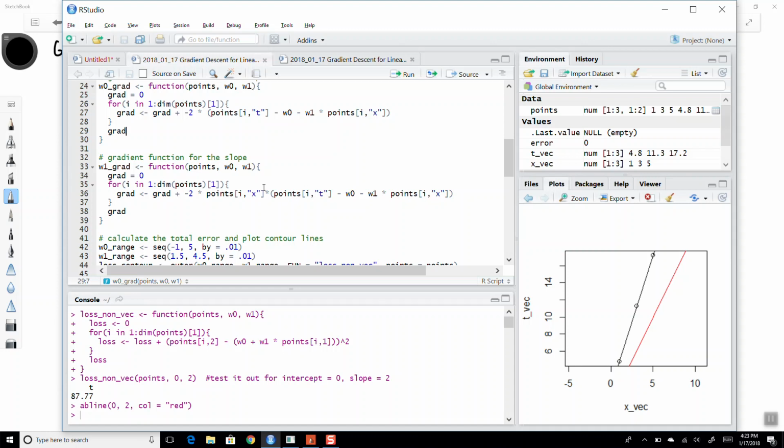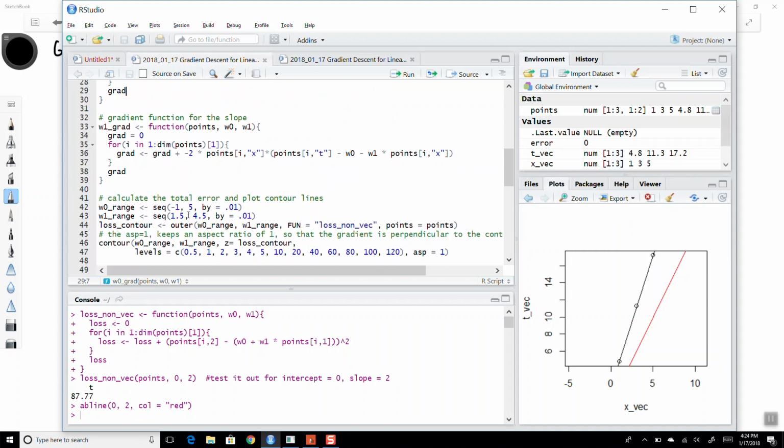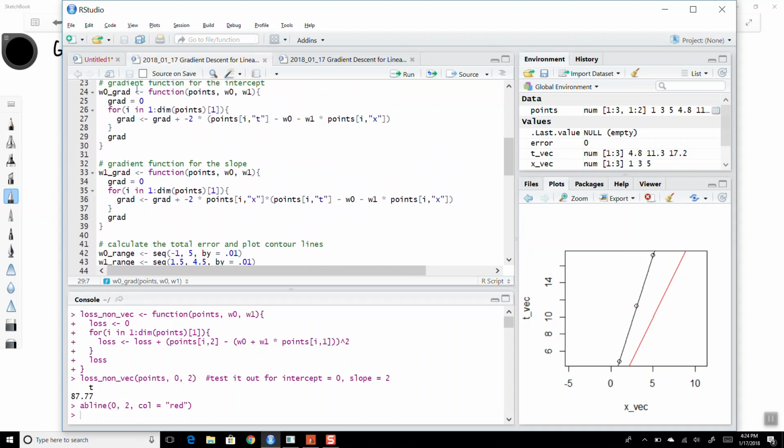Or I guess in this case it's i, and then we sum them up because we're running the loop for all the values. Okay, and then I get the gradient for w1. So I have two functions where if I plug in the points and our current values of w0 and w1, it calculates the gradient for me.